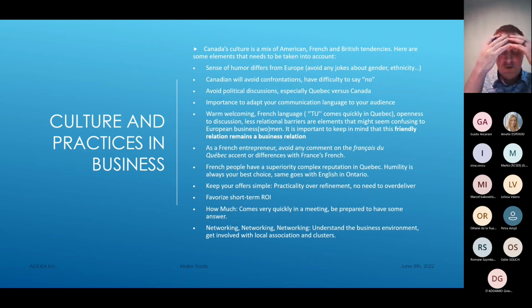Yes, one very important subject that I want to address here is price and ROI. I know that in Europe, often we wait for the very last moment, or even during the first meeting, we try to avoid talking about cost and price.